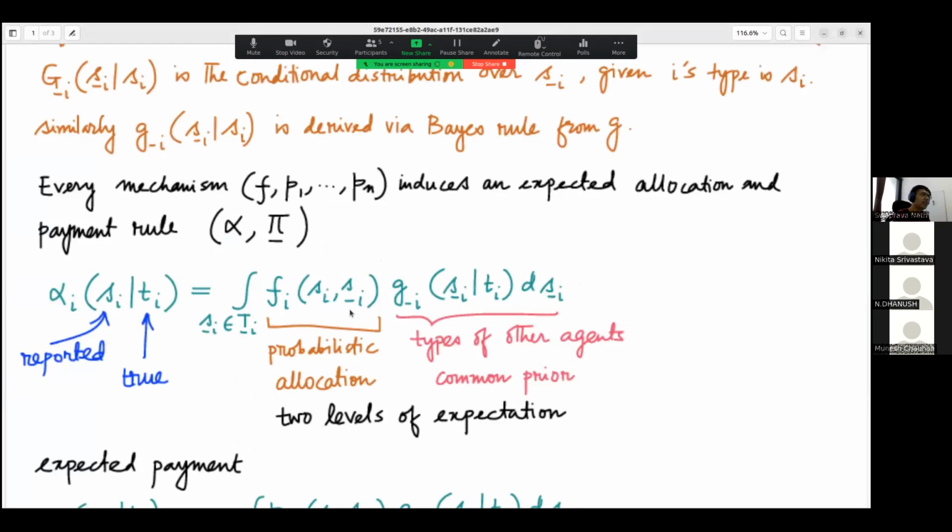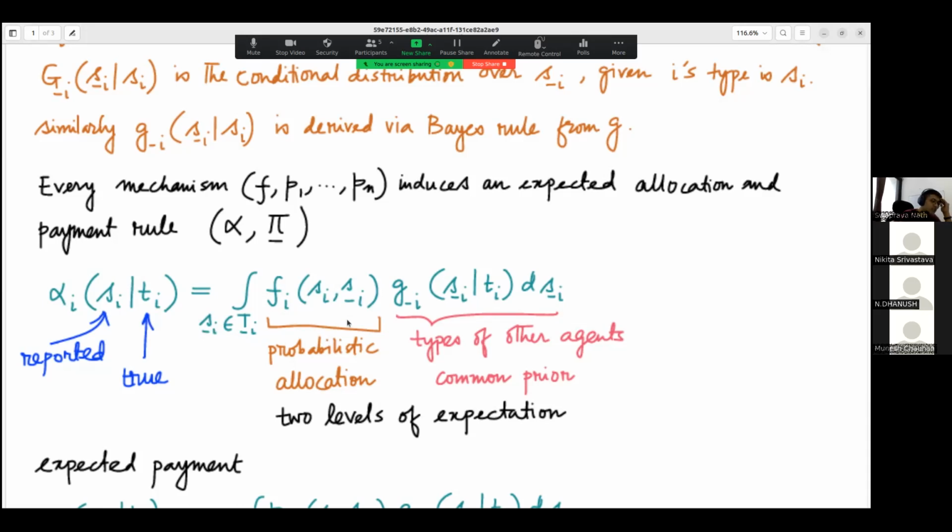Because you are running over all the other agents' types, right? So in this case, T21, T22 up to T25 are all those cases in S minus i. So for all of those cases, it's 0. So finally, alpha i of, let's say, T1 in this case.